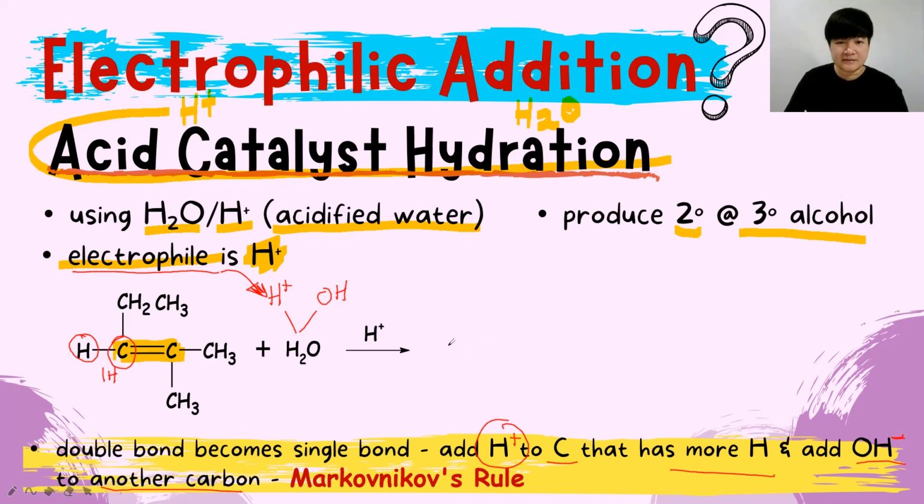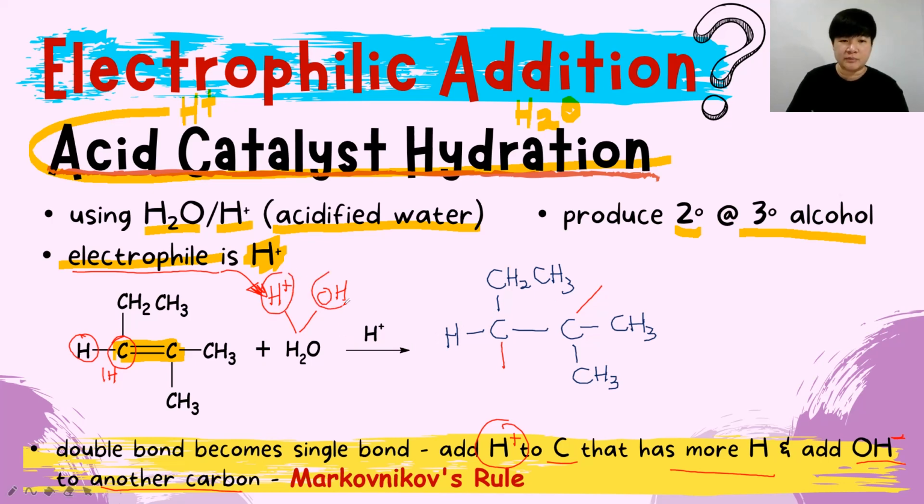And again, guys, those that have no changes will remain unchanged throughout the reaction. The only thing changed is your double bond breaks to become a single bond, and you will have new bonds added to the carbons that just broke the double bond. The new friends over here are your H+ and your OH-.